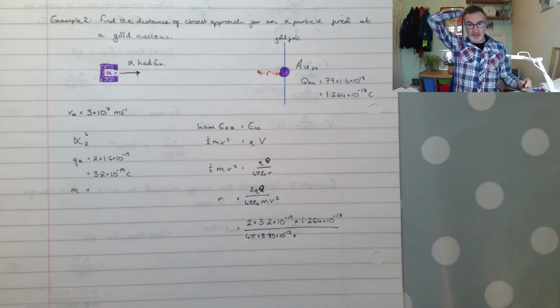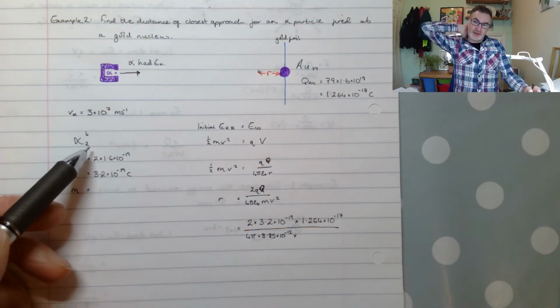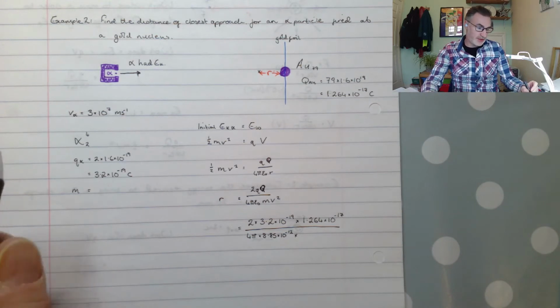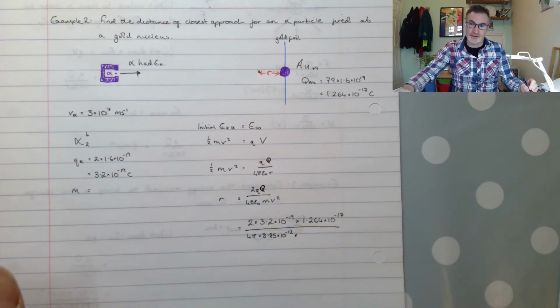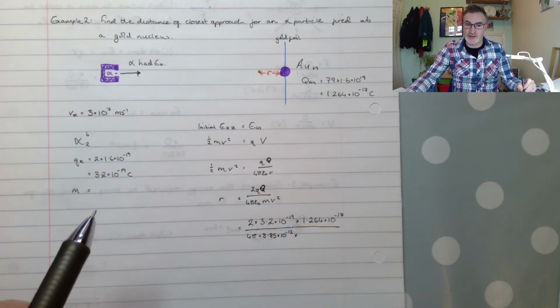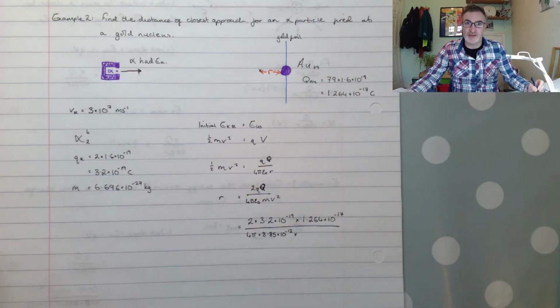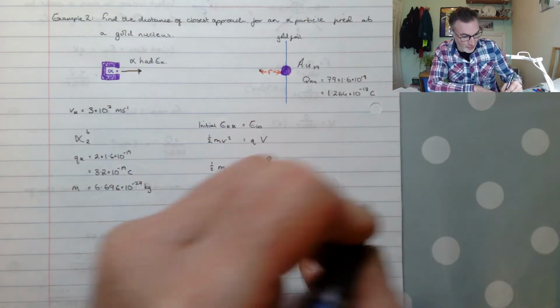It has 2 protons and 2 neutrons, so you go away and look at the data sheet and add up 2 times the mass of a proton plus 2 times the mass of a neutron, and with the magic of television it is 6.696 times 10 to the minus 27 kilograms. Okay, just like that, simple.